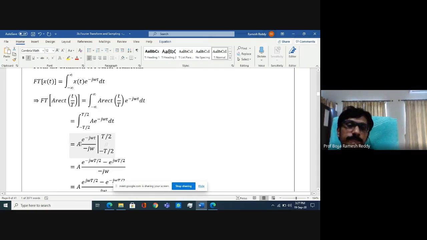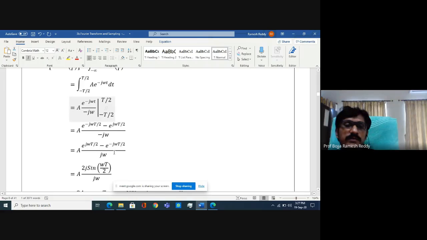Now integrate it. A into the integration of e power minus j omega t, divided by the coefficient of t, that is minus j omega. Substitute the upper limit and lower limit. Very simple thing. e power minus j omega T by 2 minus e power j omega T by 2. Taking minus common, it is of the form e power j theta minus e power minus j theta, by j omega.